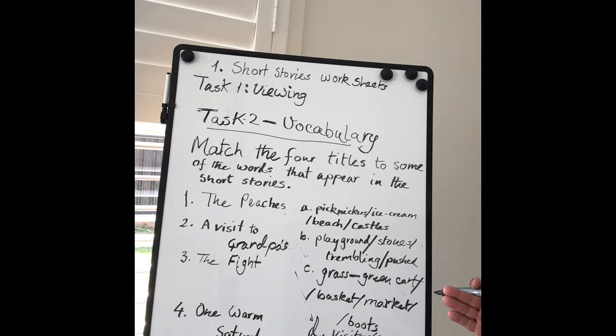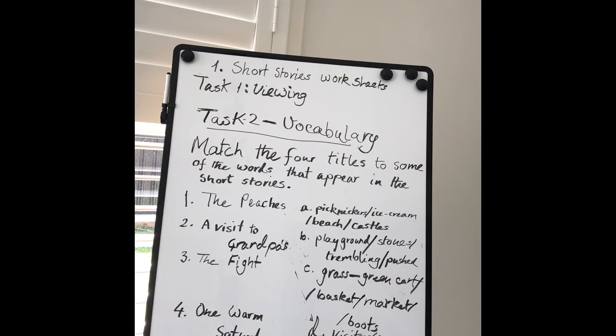And on the right hand side, you have 4 sets of words, 4 groups of words. So, the peaches, a visit to grandpa's, the fight, one warm Saturday. These are the 4 titles.